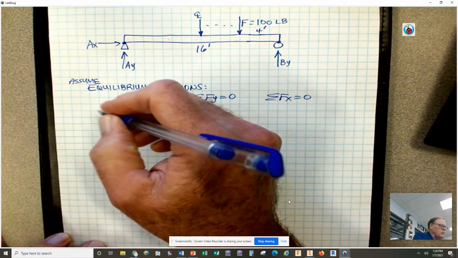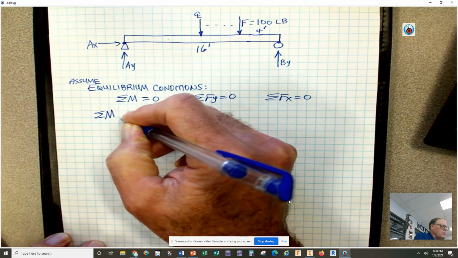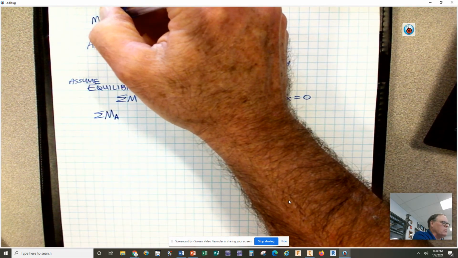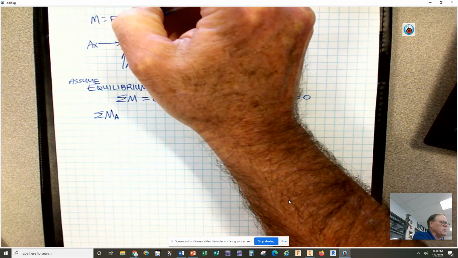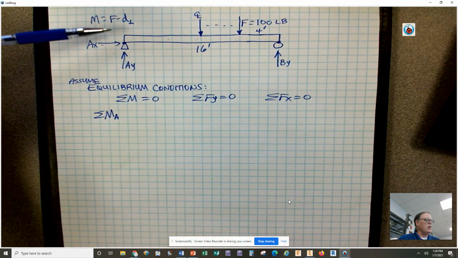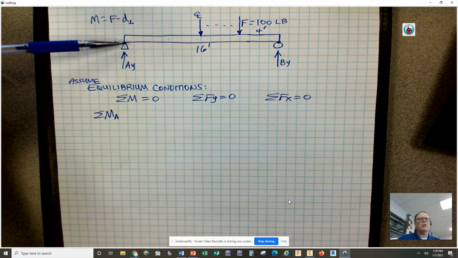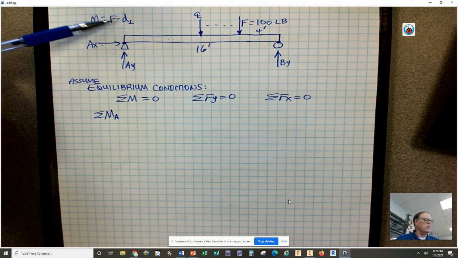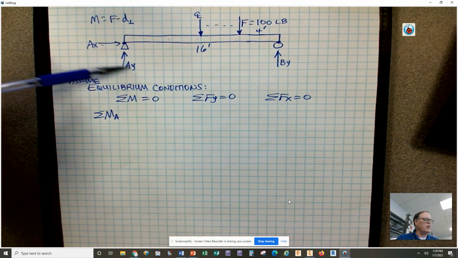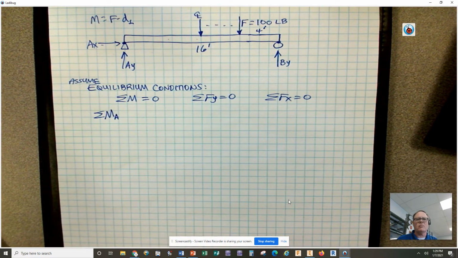So I'm going to sum all of the moments that are occurring about point A. Since the formula for moment is force times perpendicular distance, AX and AY are zero distance from this point, so they produce no moment. Your distance value would be zero for AX and AY because they're going through the point. So AX and AY do not produce a moment.